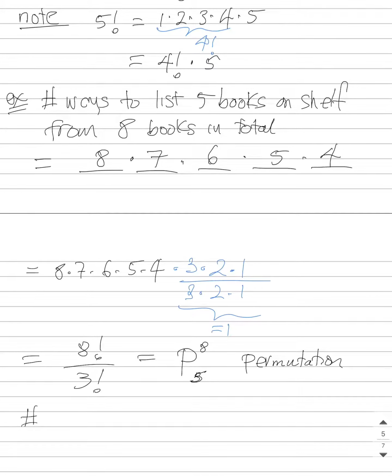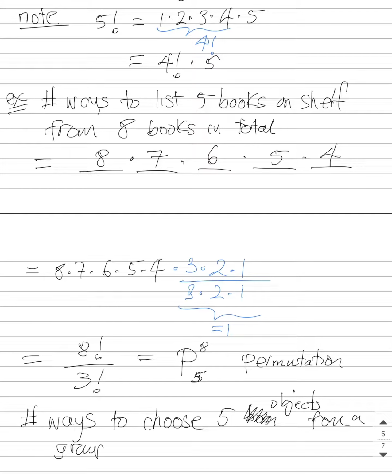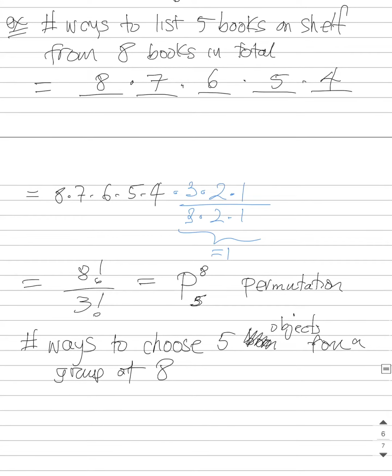And this talks about the number of ways to choose 5 books, or let's say 5 objects, from a group of 8. Now, it's exactly like what we did up top, where we just listed out 8 times 7 times 6 times 5 times 4. And the key idea here is that the order matters. It matters which book you put in the first spot.